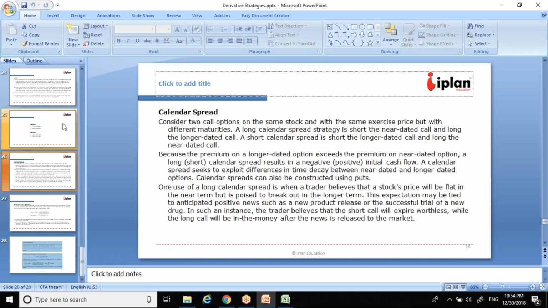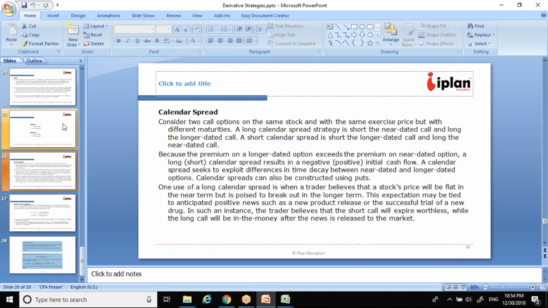A short calendar spread is short the longer dated call and long the near dated call. So both things we can have: a long calendar spread and a short calendar spread.